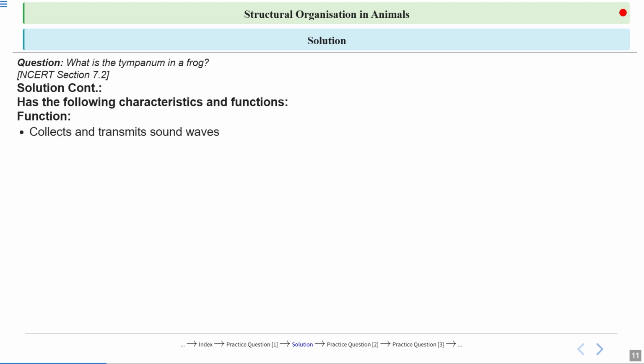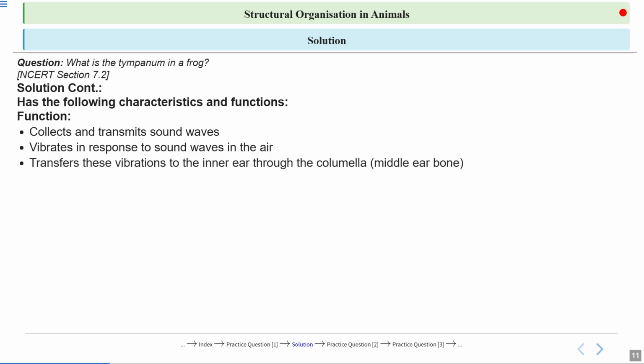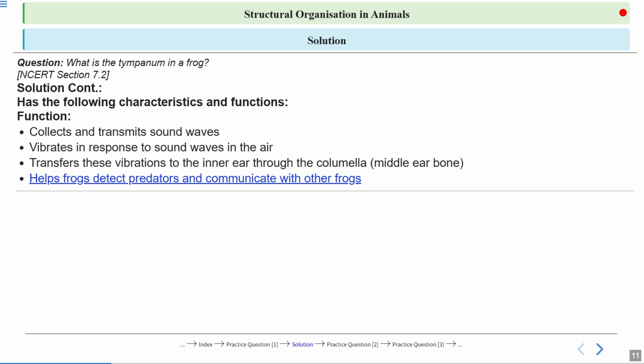Function: it collects and transmits sound waves, vibrating in response to sound waves in the air. When sound waves strike this membrane, the membrane starts vibrating. It transfers these vibrations to the inner ear through the columella, the middle ear bone, so that they have a sense of hearing, and that helps the frog detect predators and communicate with other frogs.